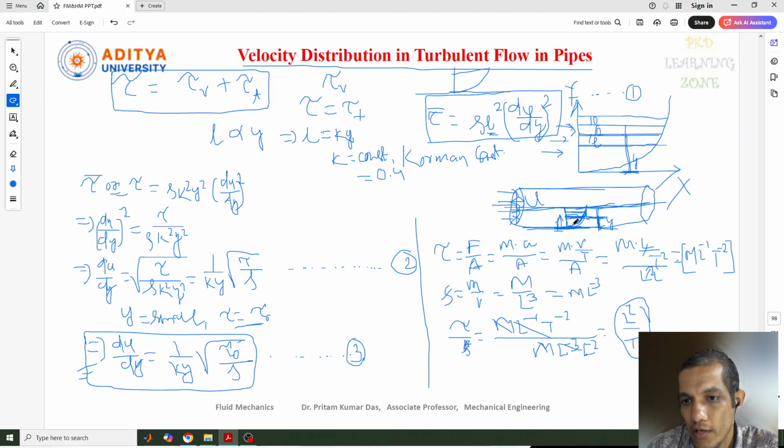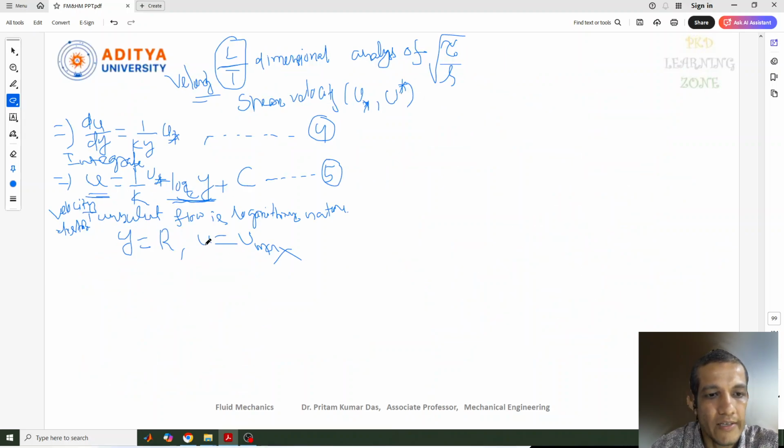Now see, here the velocity profile came, and if you draw from this side, again you will get the same thing, because near the boundary we know that velocity is negligible, so the shear stress is negligible. So now we can consider u equal to u max and y equal to r.